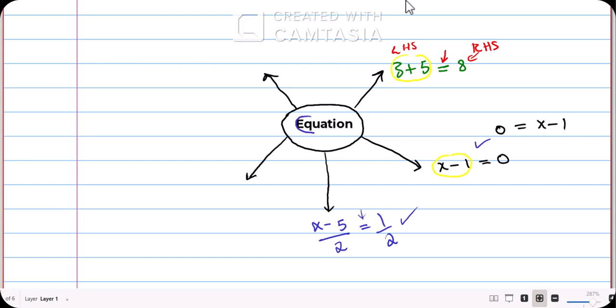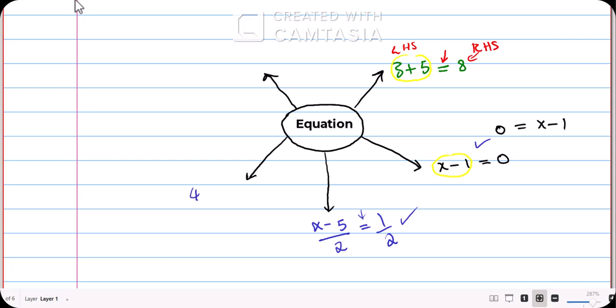Equate means equal to. In an equation, you are equating an expression to something. Now let's consider the other example.